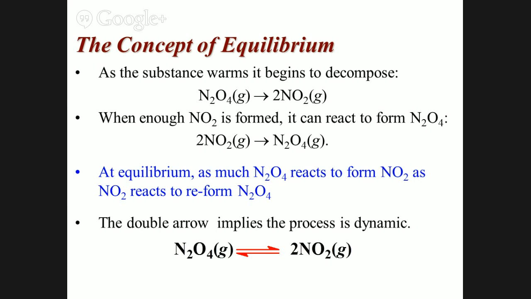So every time one of those N2O4s turns into an NO2, an NO2 is reforming back into the N2O4, one for one, the same rate. So if you were to measure the concentrations, everything looks the same. Nothing looks like it's happening. But the word dynamic just means, no, it's actually going on all the time, even though you can't tell.